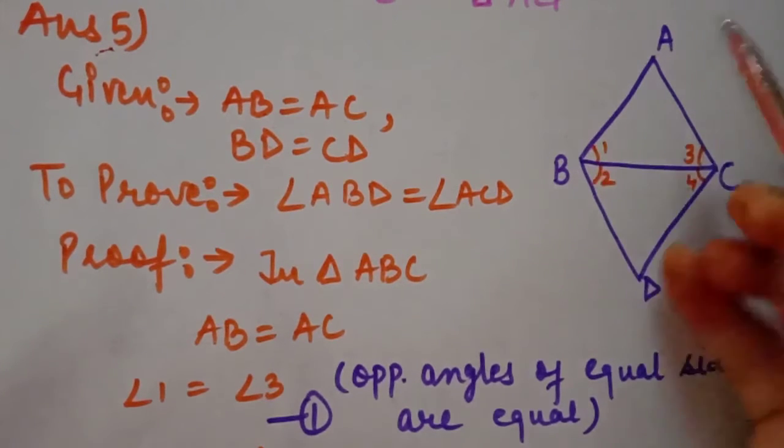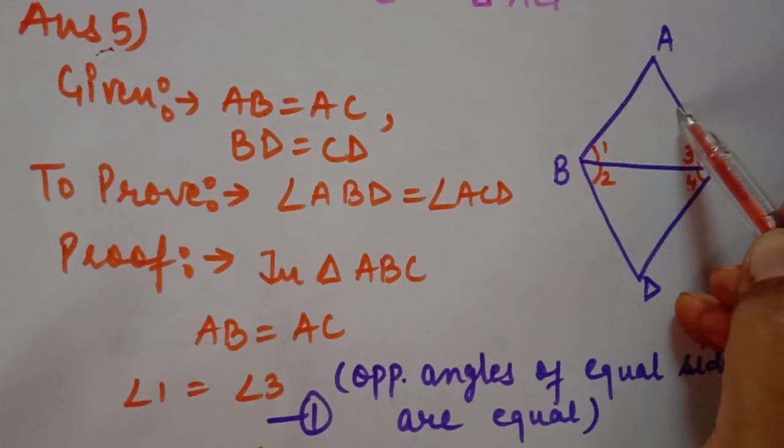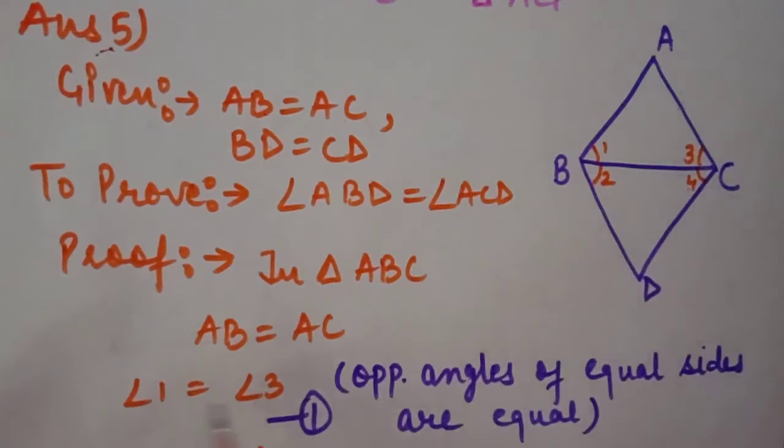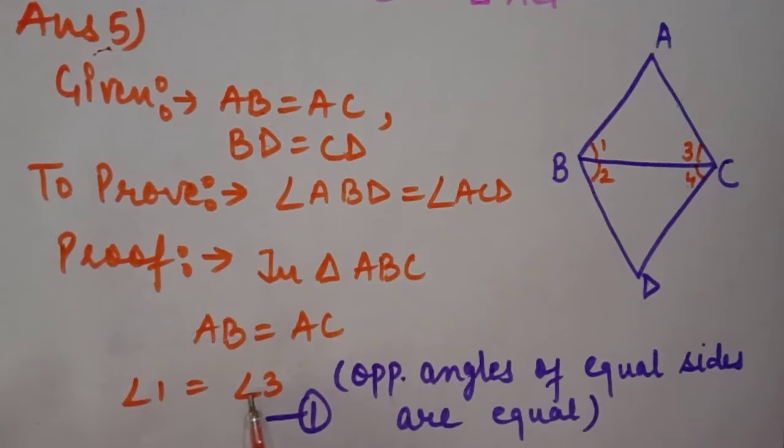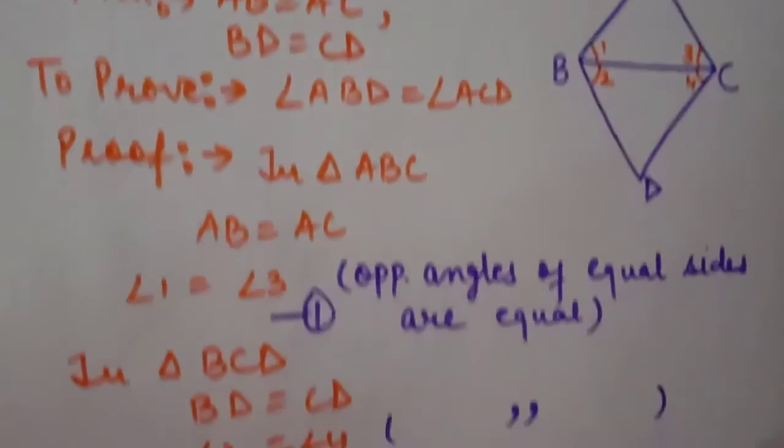Why? Because AB is equal to AC and they are opposite to them. Angles opposite to equal sides are equal. It is our theorem. So if sides are equal, then the angles opposite to them are also equal. This is our equation number 1.